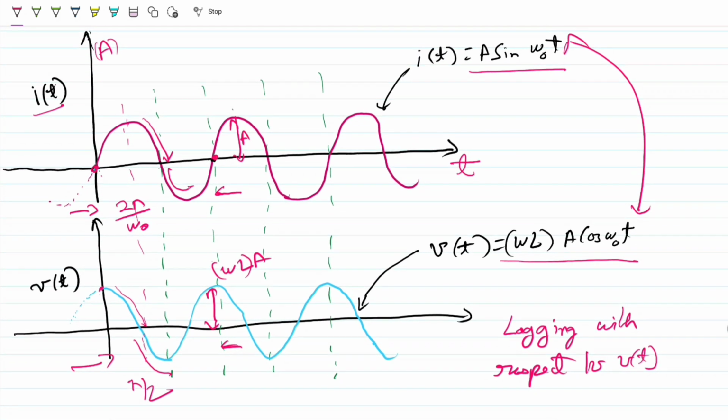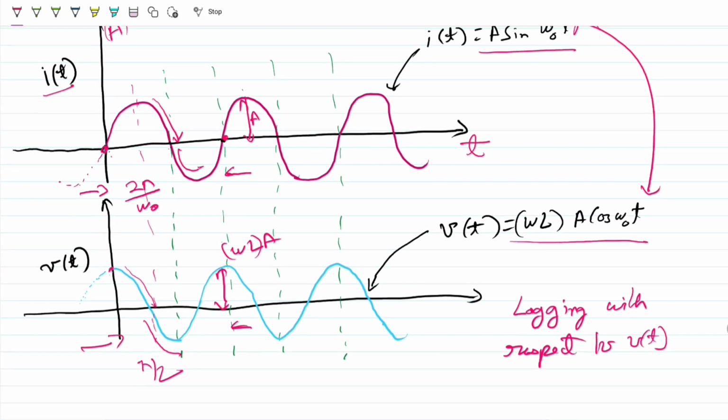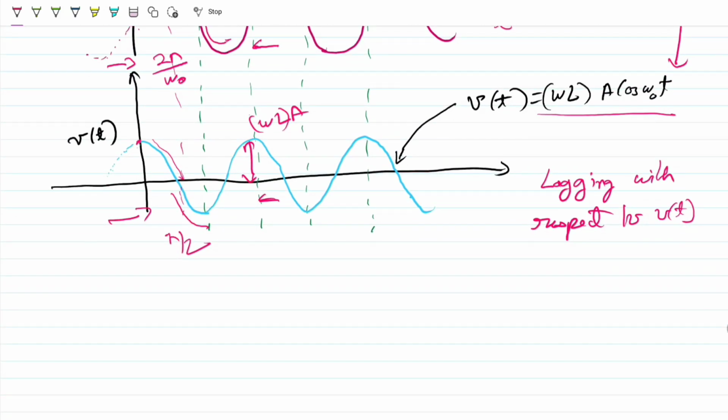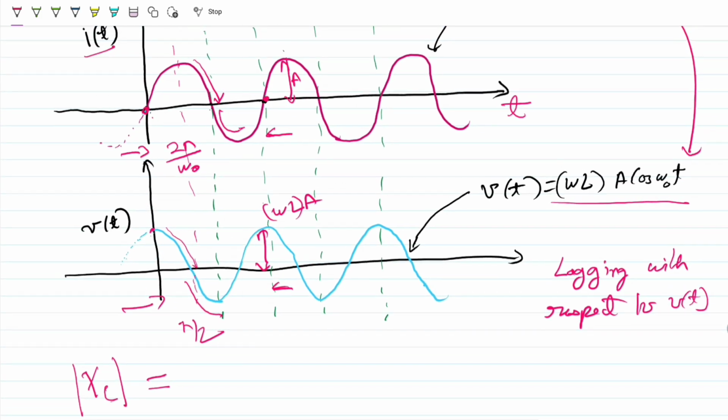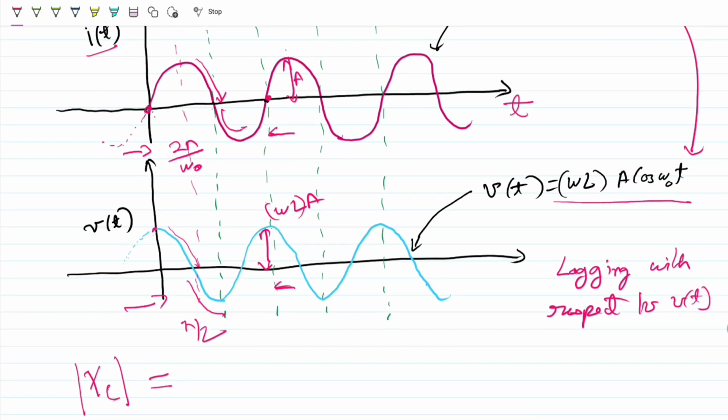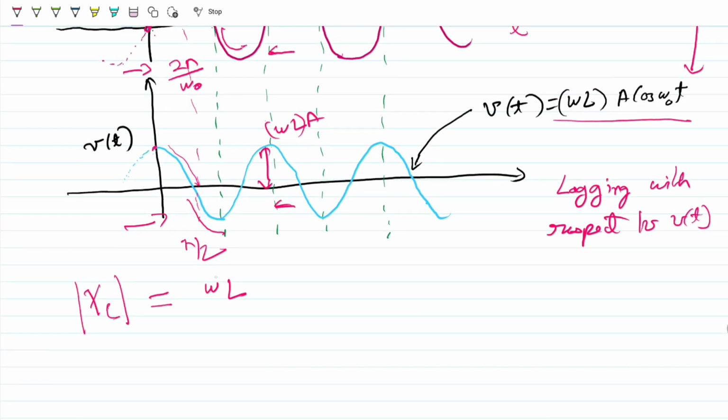There is another thing worth noting, which is what is defined as the reactance of an inductor. We'll see more detail about this later, but the absolute value of reactance is defined similarly to how resistance is defined as the ratio of voltage and current. In this case it's omega L. That is what is called the reactance of an inductor.